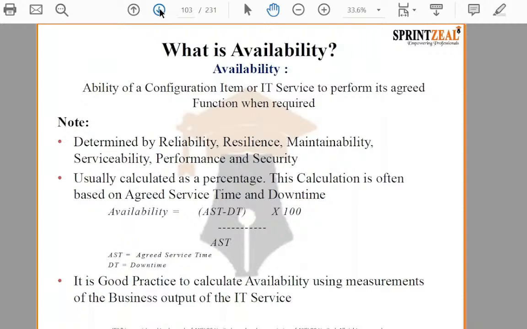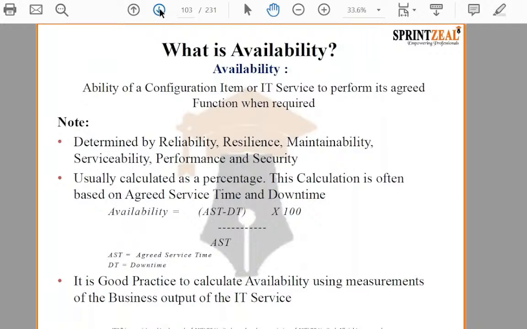So that's how you measure your availability. So that's the times 100 to get a percentage, right? Yes, correct. So availability is usually calculated in some form of percentage.